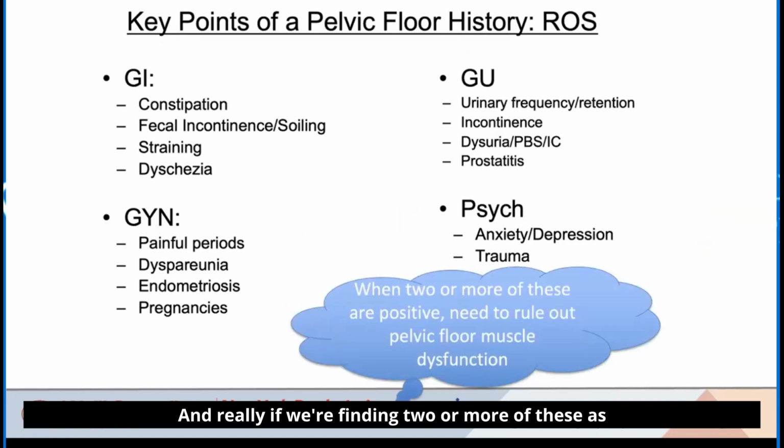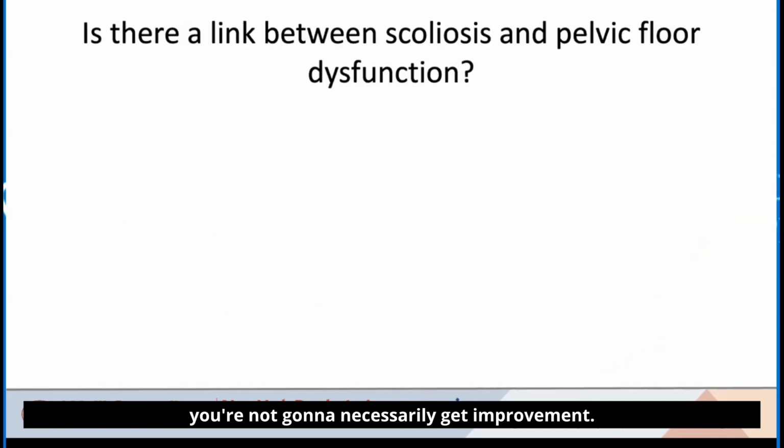And if we're finding two or more of these positive, that's when we really need to look at the pelvic floor, because there's very likely an overlap here, and we don't want to miss screening somebody that might have pelvic floor dysfunction, because a lot of the time if you treat them without that, you're not necessarily going to get improvement.